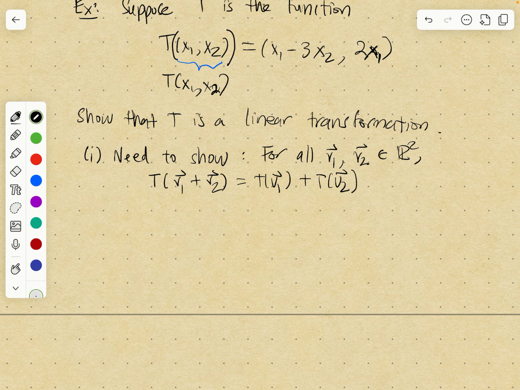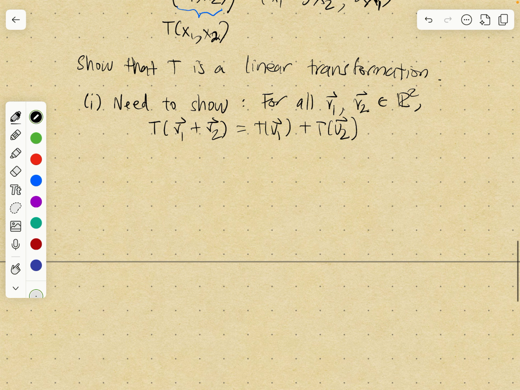To do that, you have to work with the components of v1 and v2. First of all, we start off with two vectors in R2, v1 and v2. So the first step in the proof is to say let v1 and v2 be vectors in R2.